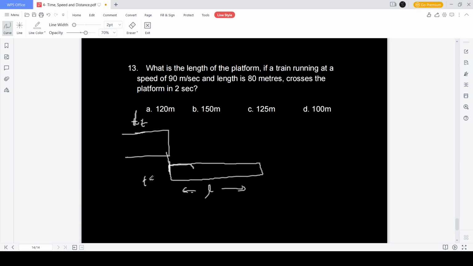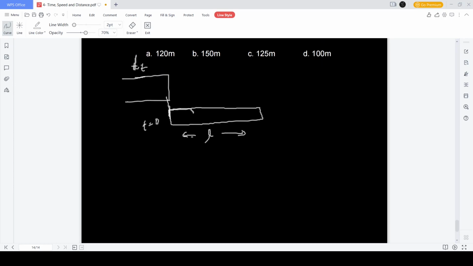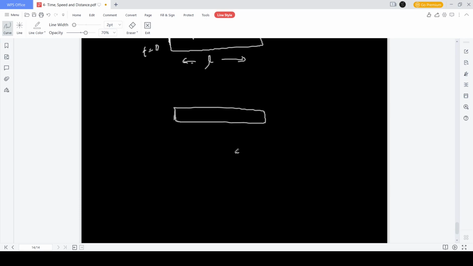So this is time 0 when the head of the train and the platform just meet, okay, and then if this is the length of the train LT and the end of the platform, that is L, this is the scenario when the train has completely crossed the platform, okay.